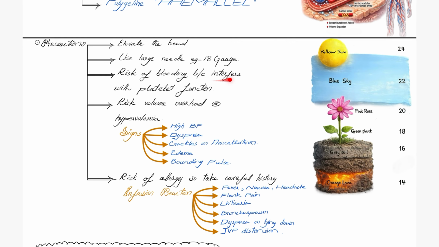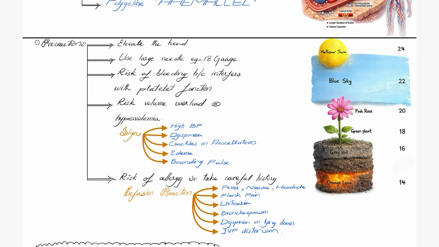Second thing, colloids increase the risk of bleeding because they interfere with platelet function. There is also a high risk of hypervolemia or volume overload. If hypervolemia occurs, the signs are that the blood pressure increases, the patient will have shortness of breath or dyspnea, you will hear crackles on auscultation, there will be generalized or pedal edema, and there will be a pounding pulse.